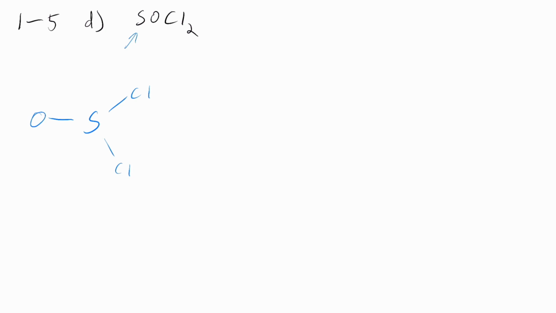When we added up our electrons, I should have done this first. Sulfur is equal to 6, oxygen is equal to 6, and chlorine is equal to 7, but there are two chlorines, so that's 14 plus 12, which is 26 electrons that we're working with. We've used 6 electrons for the bonding, so we've got 20 left over. We'll fill the octet on each of these: oxygen, chlorine, chlorine.